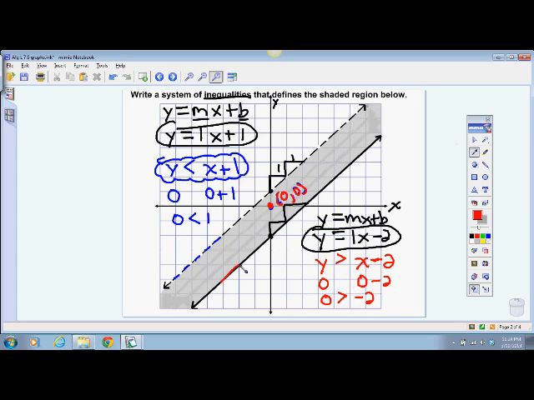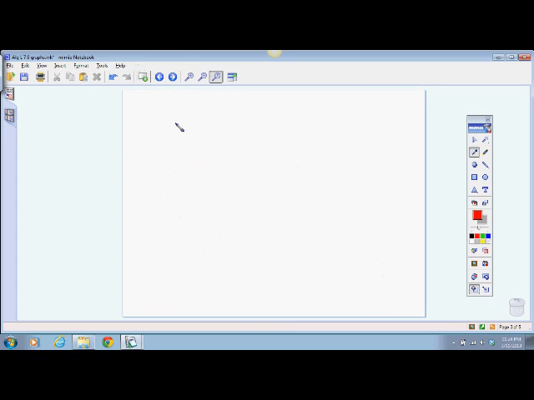And since this is a solid line, we're going to say y is greater than or equal to x minus 2. So if you had to write your system, we would have y is less than x plus 1 and y is greater than or equal to x minus 2.